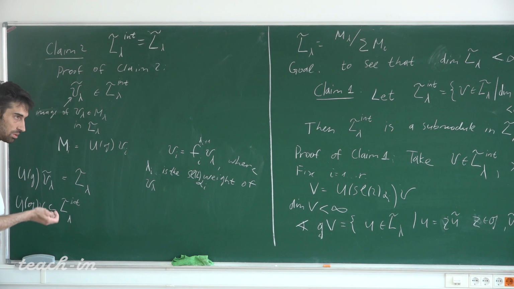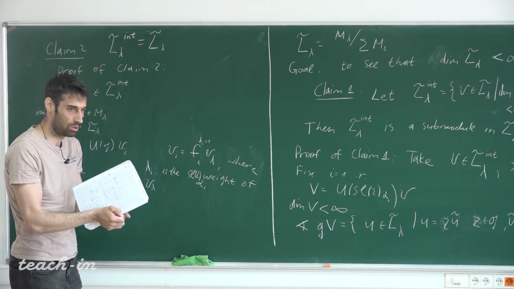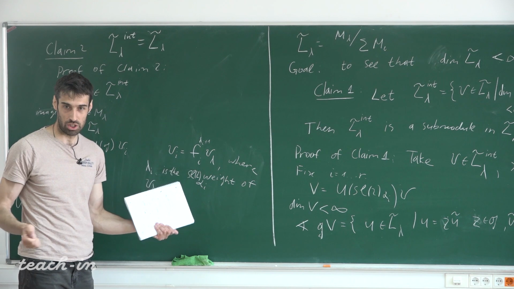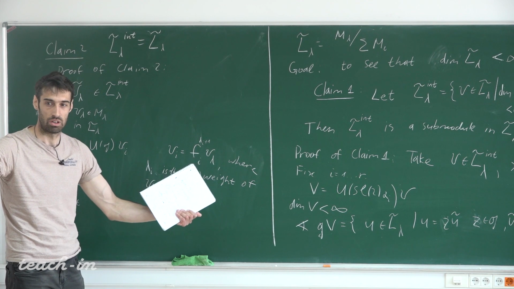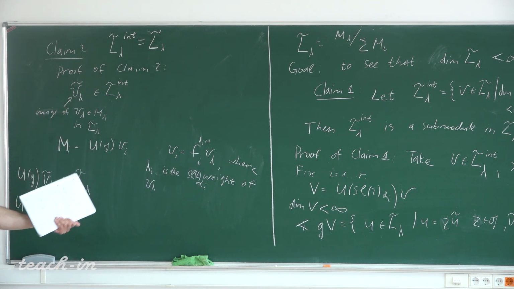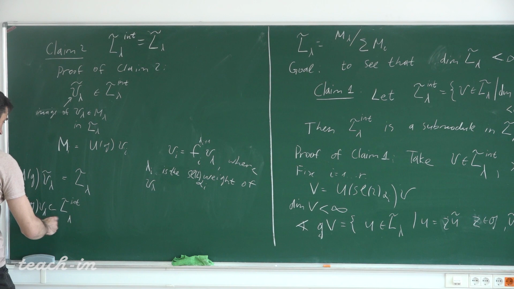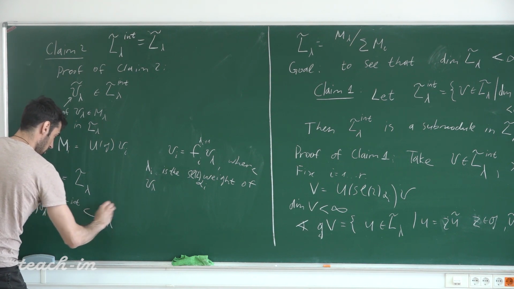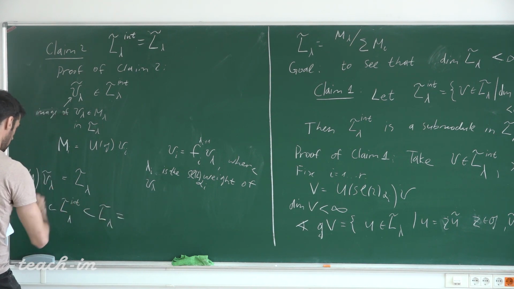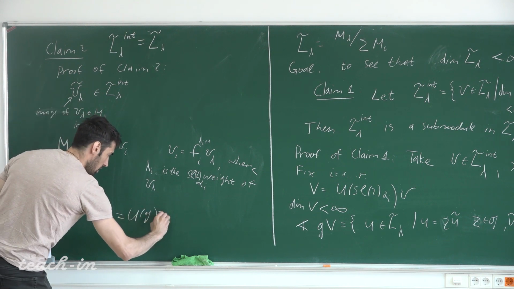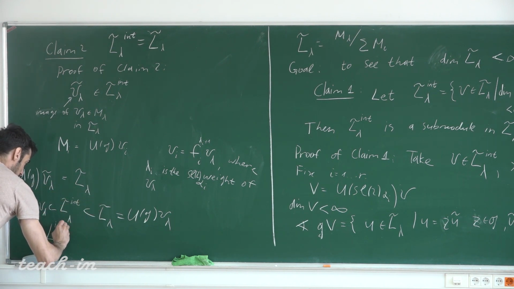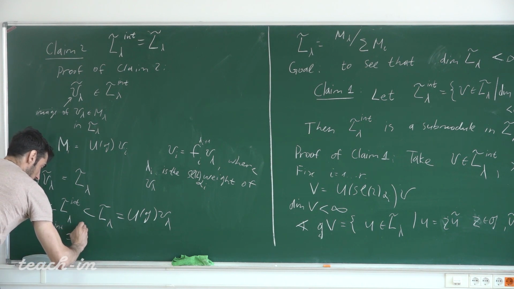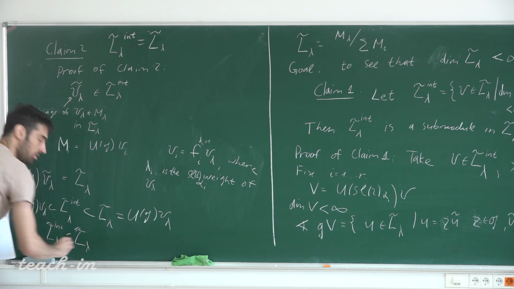Well, just because if you have a submodule, you take a vector in this submodule and start acting by U of g, you will never go outside of the submodule. That's just by definition of being a submodule, right? So this is inside, but this is inside L lambda tilde, which is U of g v lambda. So we sandwich it, and we see that L lambda integrable is exactly L lambda tilde.